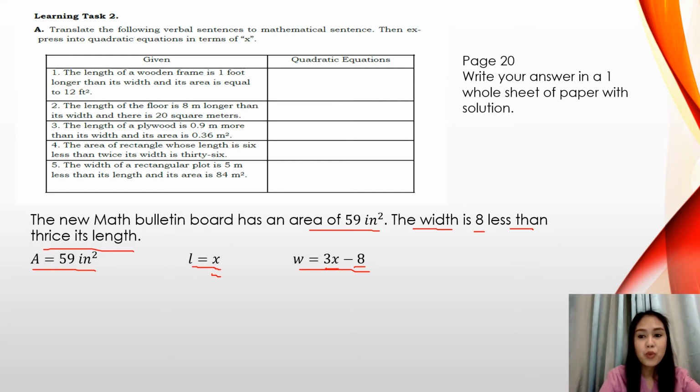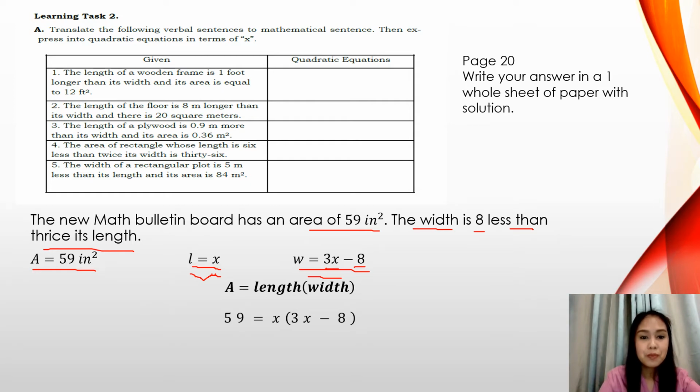Now again, from what we have reviewed earlier, the area of a rectangle is equal to the length times the width. We simply substitute this given in the formula. We know that the length is unknown, or the x, and the width is 3x minus 8, and the area is 59.